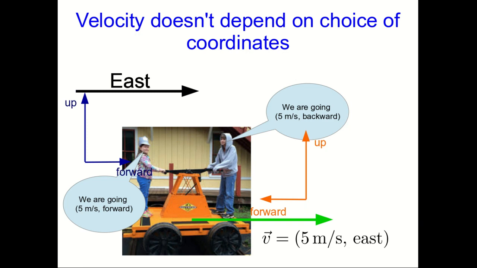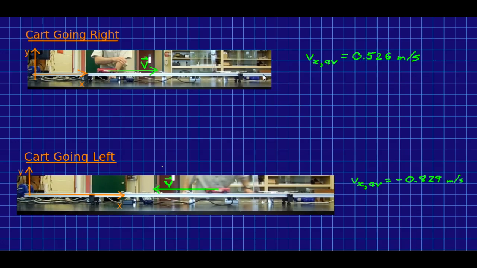However, the components of the velocity can depend on the coordinates. So there's a difference between the components, which is to do with how we describe the velocity, versus the velocity itself.